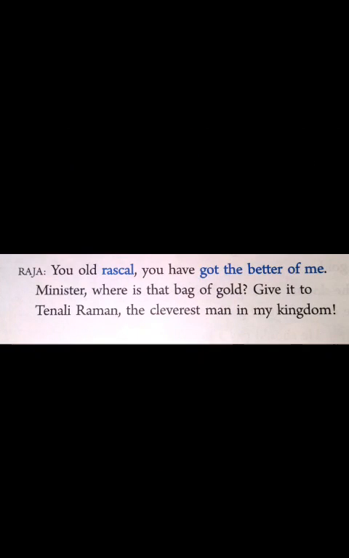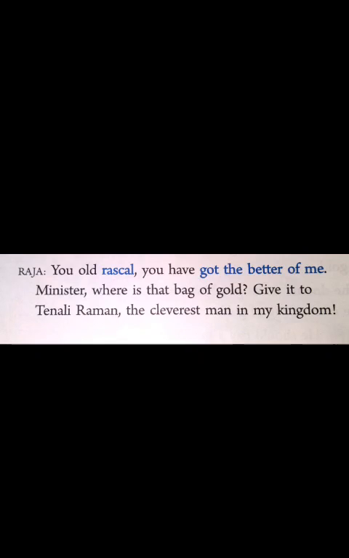So, the way Tenali explained his painting is much more beautiful than the painting made by the artist earlier. Tenali uses his wit and intelligence and also used his king's advice. Raja gave him his prize, that is, a bag of gold, and says Tenali is the cleverest man in his kingdom.